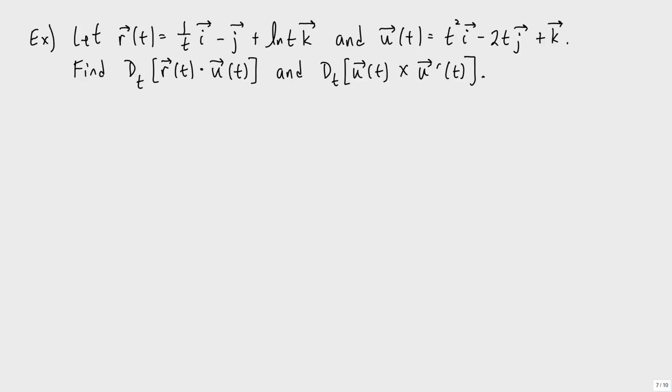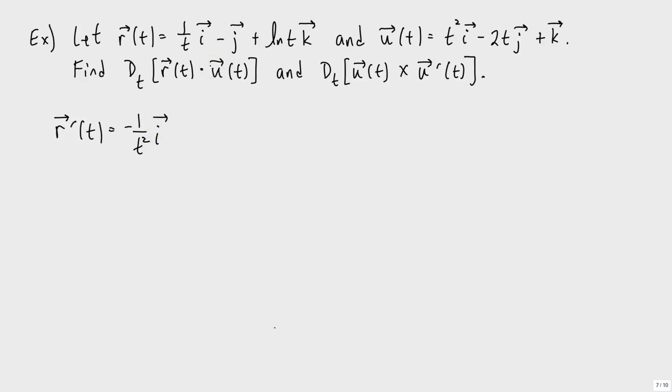So let's say you have a vector valued function r defined with these 3 component functions and u defined with these 3 component functions. Let's say we want the derivative with respect to t of their dot product. Well, let's see. The derivative of r, 1 over t, its derivative would be negative 1 over t squared.